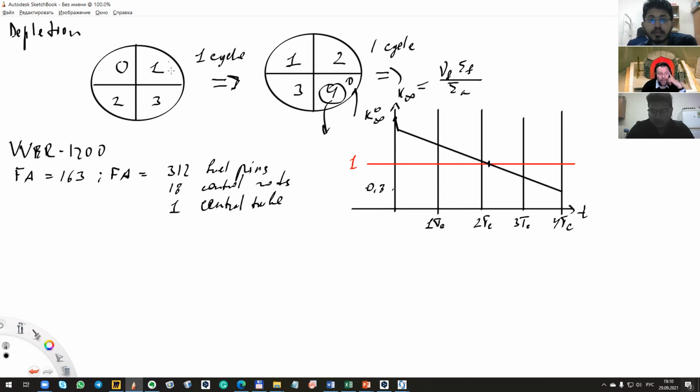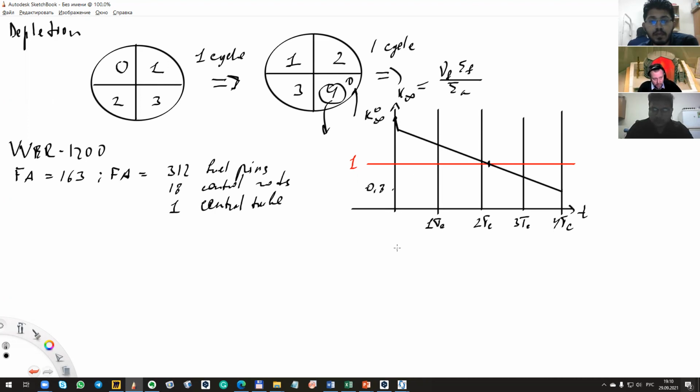But if there is a process of reloading, we can supply the depleted fuel with neutrons from the fresh fuel, and that's why the duration of burn-up is significantly increased. Okay, understand? We increase it.